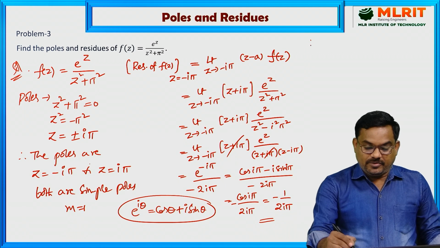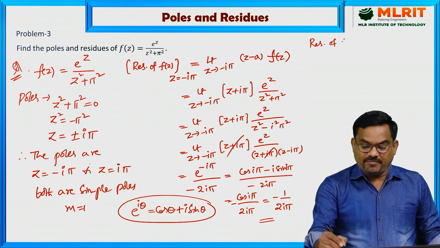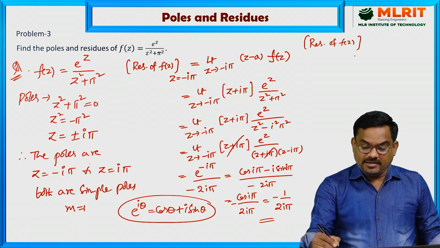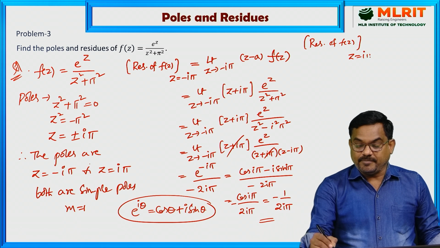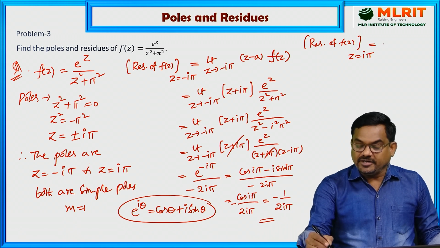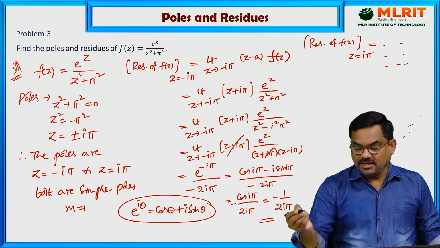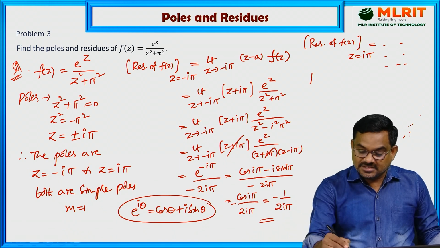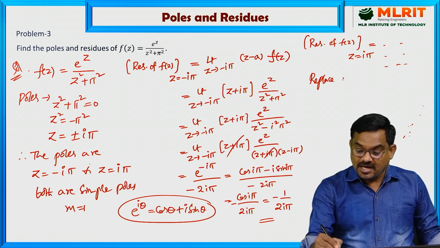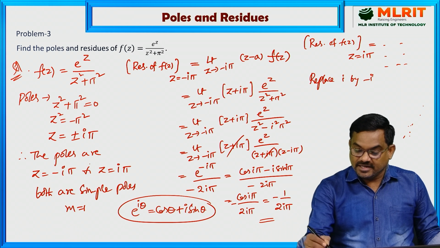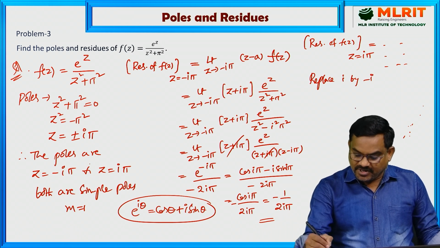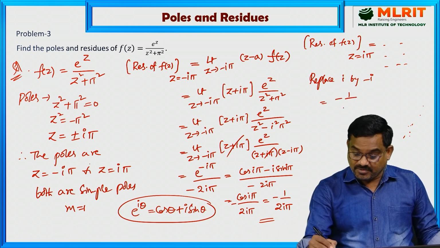Similarly, to find the residue of f of z at z equal to plus i pi, again we can continue the same process. We need to apply the limit, or else simply replace i by minus i. So in the final answer, this is minus 1 by 2 minus i pi.